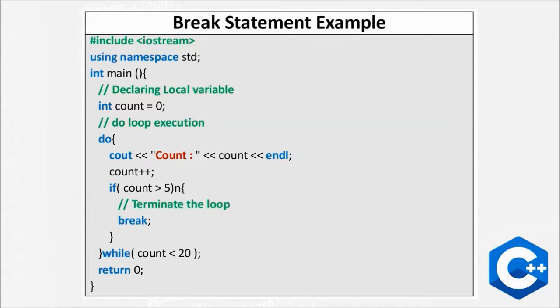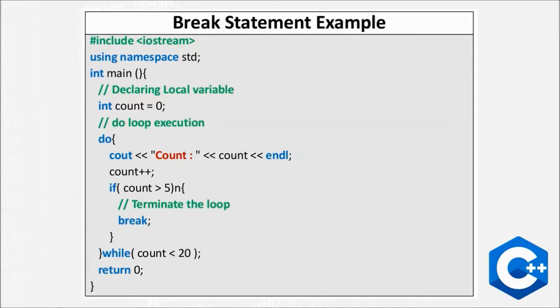If we want to insert a break into this loop, we first set a test expression with an if statement which terminates the loop. Here we insert: if count greater than 5, then break.